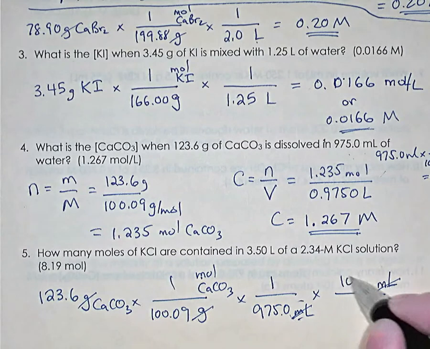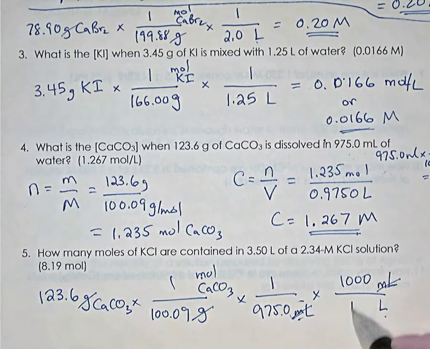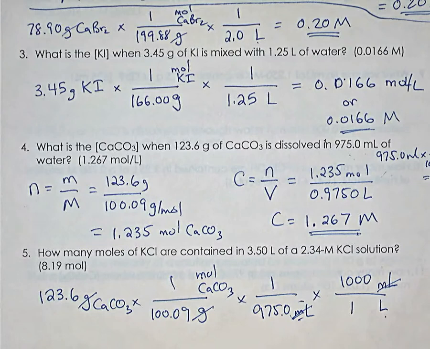And that last unit multiplier, there's 1,000 milliliters in a liter. So 123.6 divided by 100.09 and divided by 975 and times 1,000, and you get the same answer we had above, 1.267 moles per liter, or 1.267 molarity.